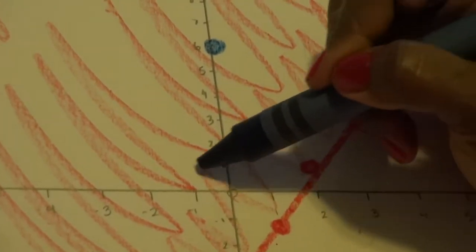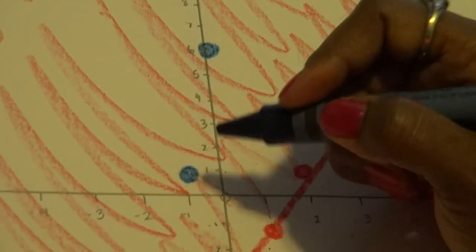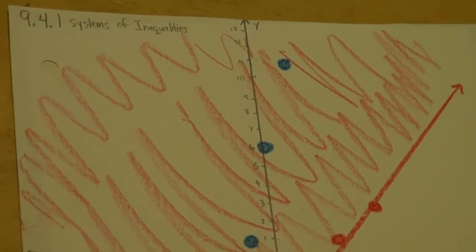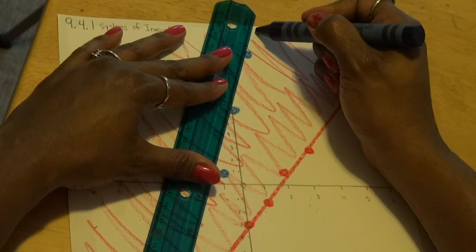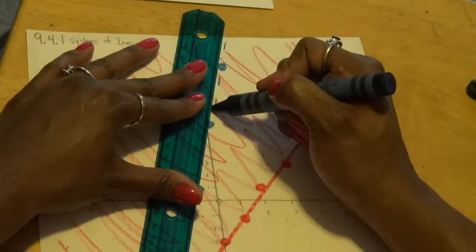Now, look at the inequality. There is no equal bar, so we do not have a solid line. We make a dotted line or a dashed line, and we do that all the way top and bottom. And we need to shade. And to know where to shade, we're going to test a point. And I like to test 0, 0.